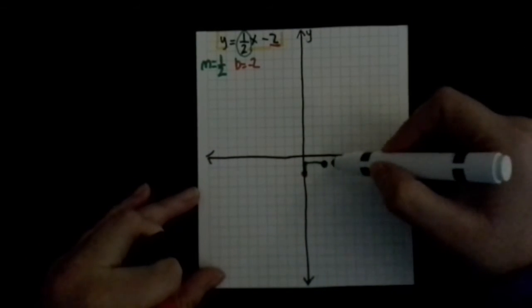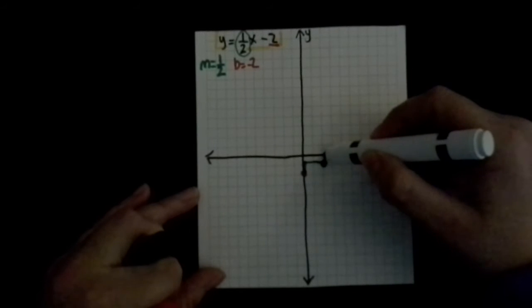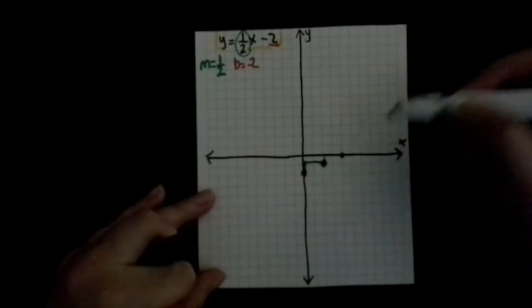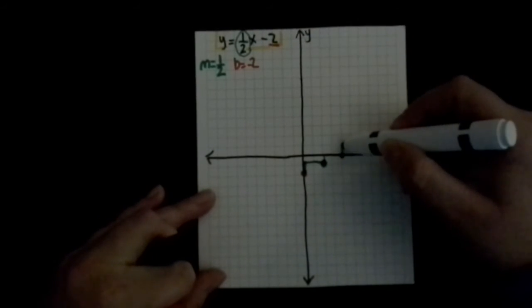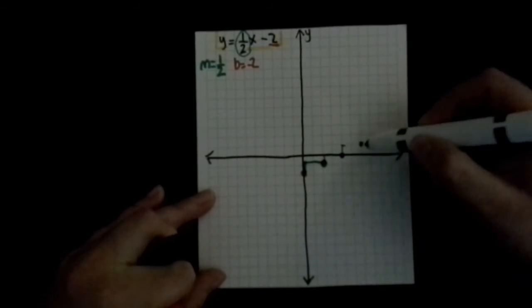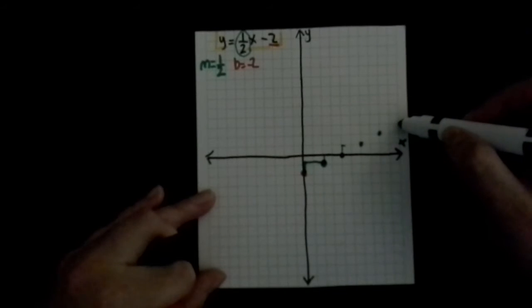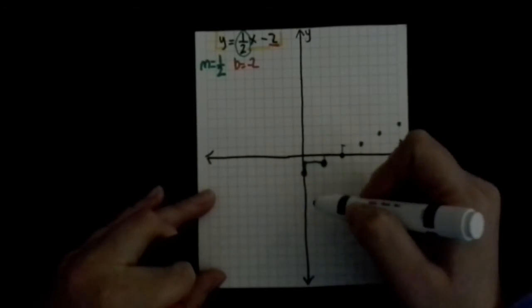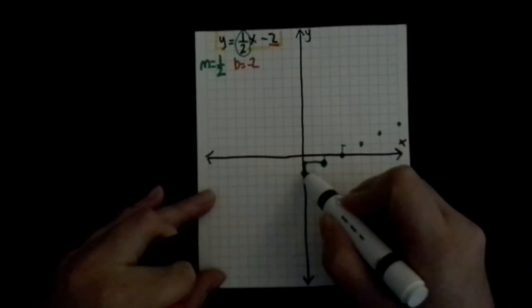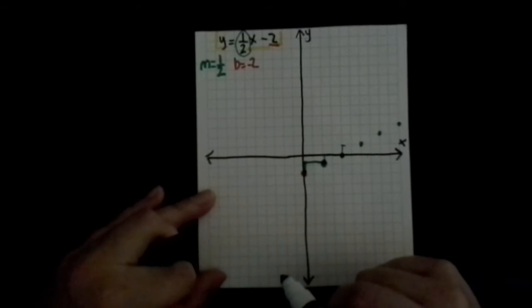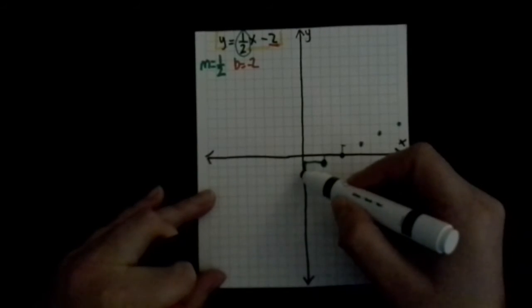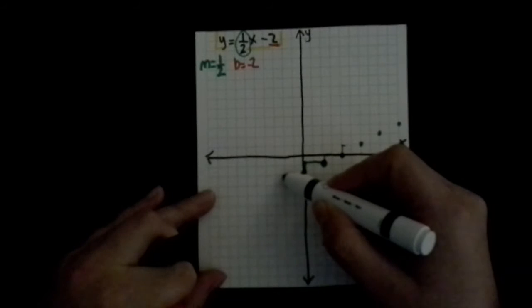And I can keep doing this, repeating it: 1, 2, to find additional lattice points if I want. 1, 2. And then I would just connect them all, and that would be the graph of my equation. I could also do the reverse, going in the opposite direction: 2 to the left and then down.